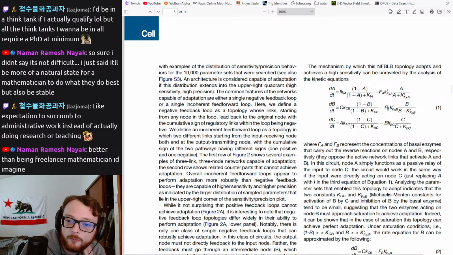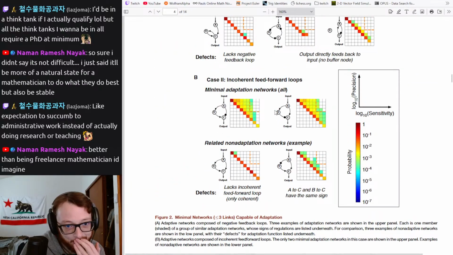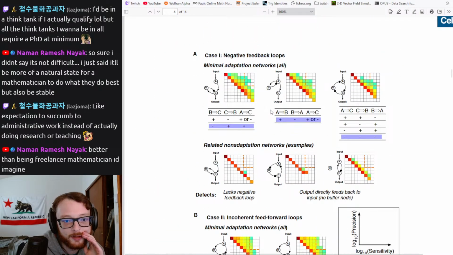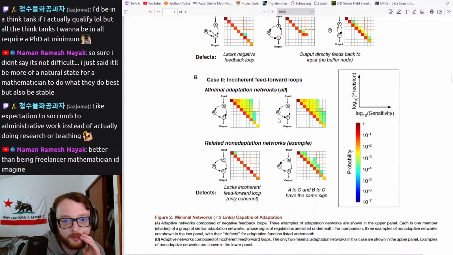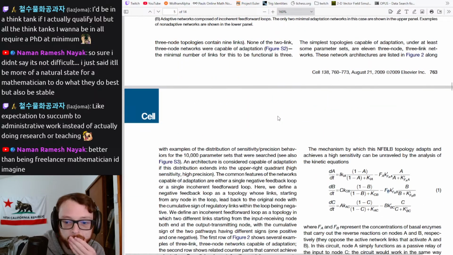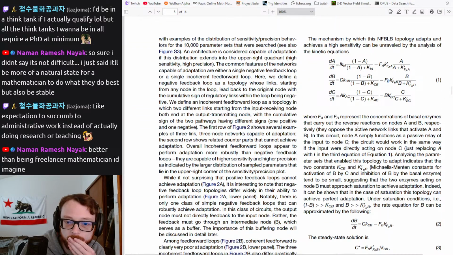And then B also has some outside input affecting it. They don't draw it on this. Interesting. But this looks the same as the thing above.